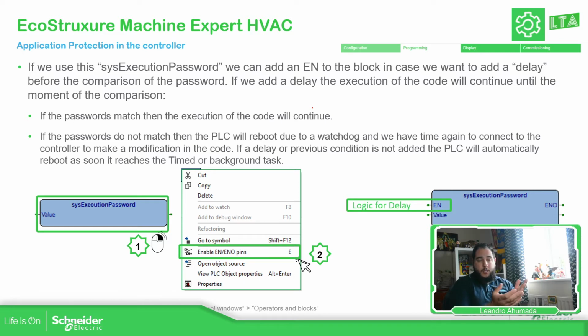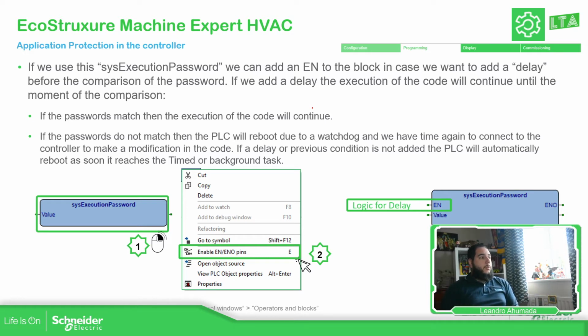If it's all right, you can continue with the application. But if it's wrong, it will constantly boot. It will start booting, load the program, the HMI, and then boot again, and boot again. From the point of view of someone trying to steal your program, that PLC is not going to be operable anymore.